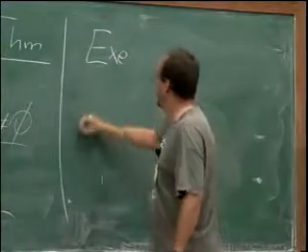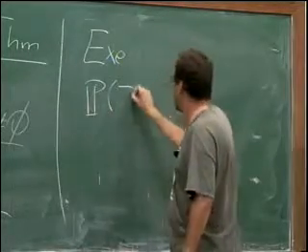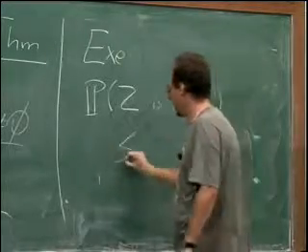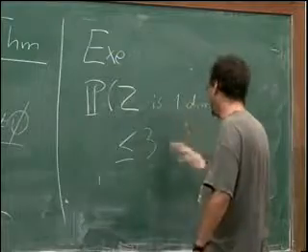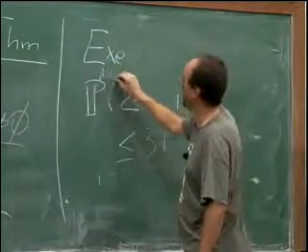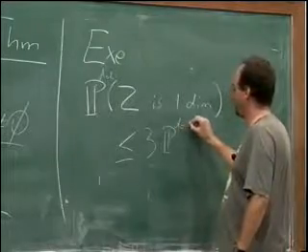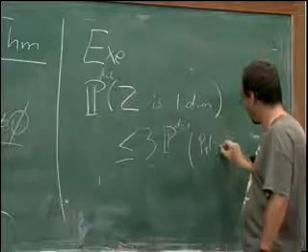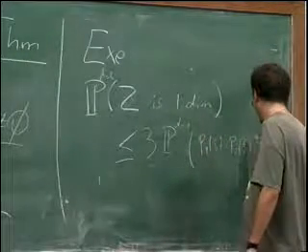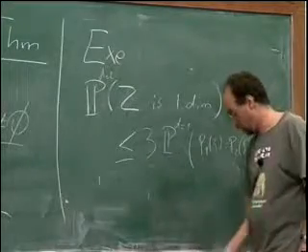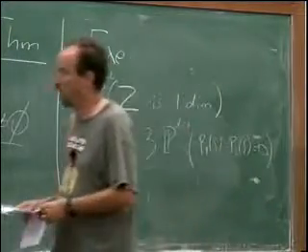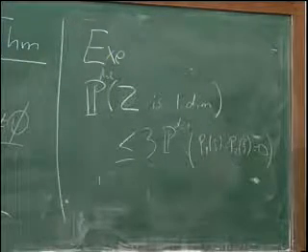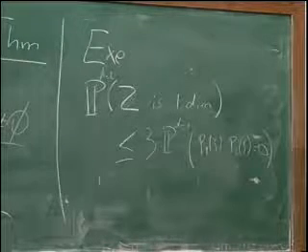Exercise: the probability that z is 1-dimensional is smaller or equal than 3, actually 2. Again, for 2 variables, this is the probability for one variable that two polynomials have a common root. I might have shown you in the calculation, but I think at this point, this is enough.